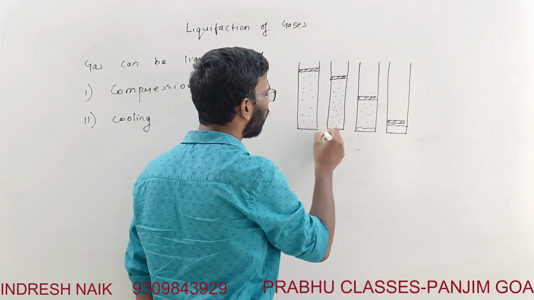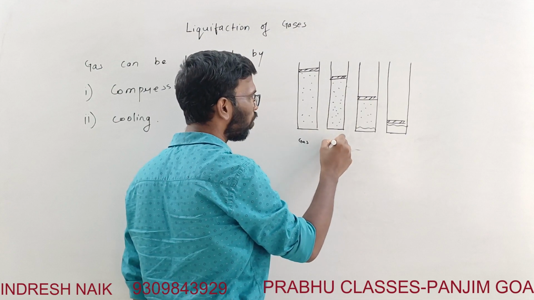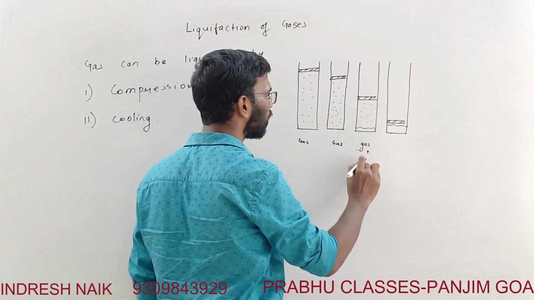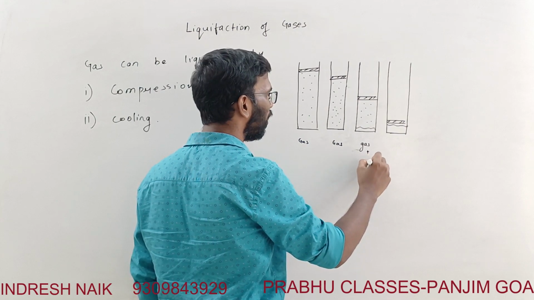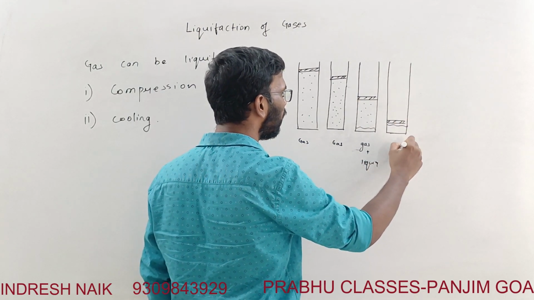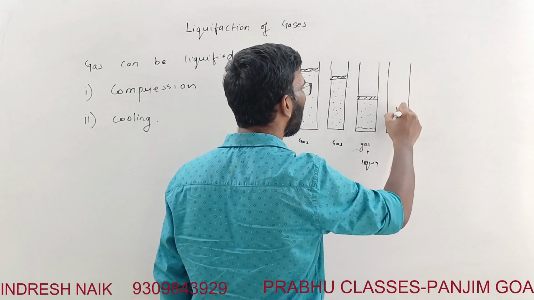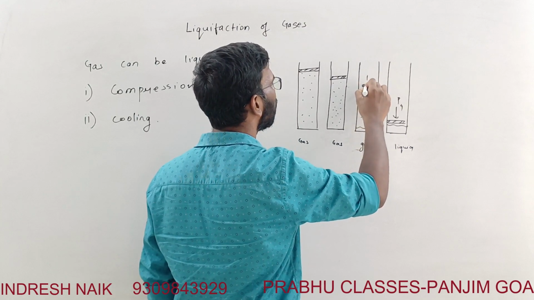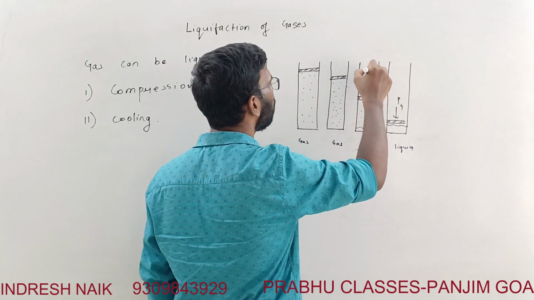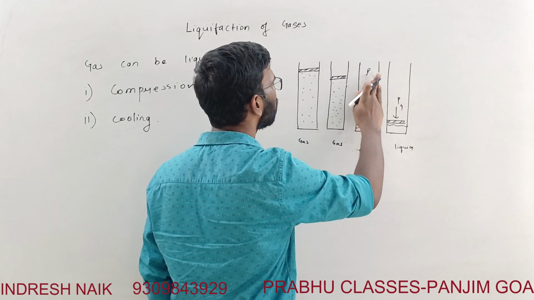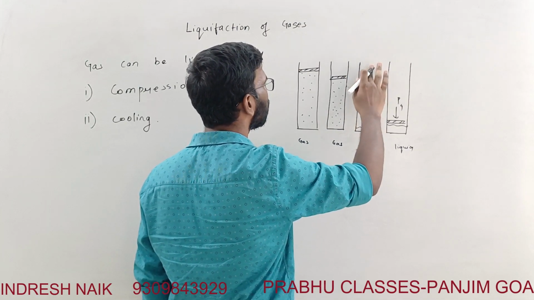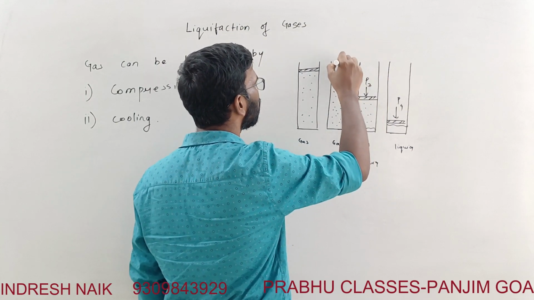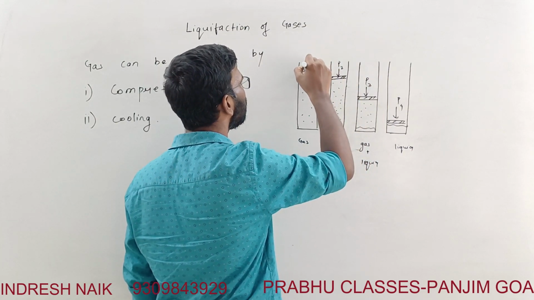So here there was a gas, here also there is a gas, here there is a gas plus liquid, and this is totally liquid, because here the pressure is very high, P4. This pressure is P3. This pressure is P2. This pressure is P1.